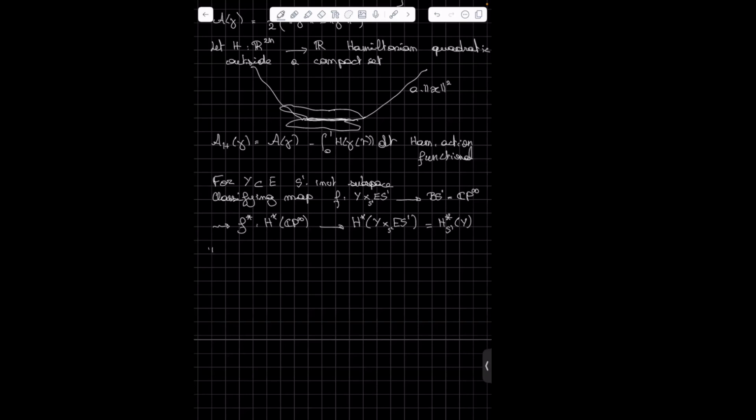Now, the first index, the definition: the Fadell-Rabinowitz index associated to Y is the max over all integers k such that f star of U to the k minus 1 is non-zero, where U is the degree 2 generator of the cohomology ring of CP infinity.